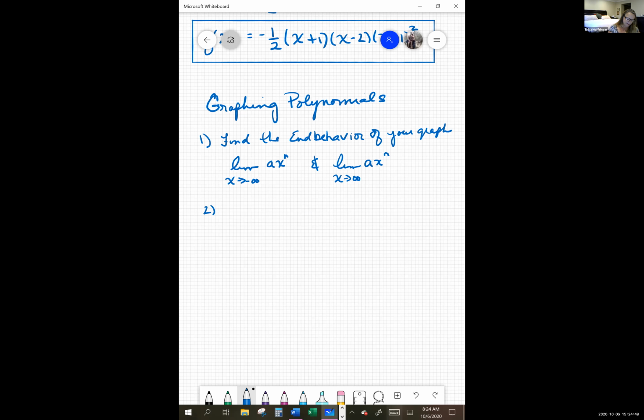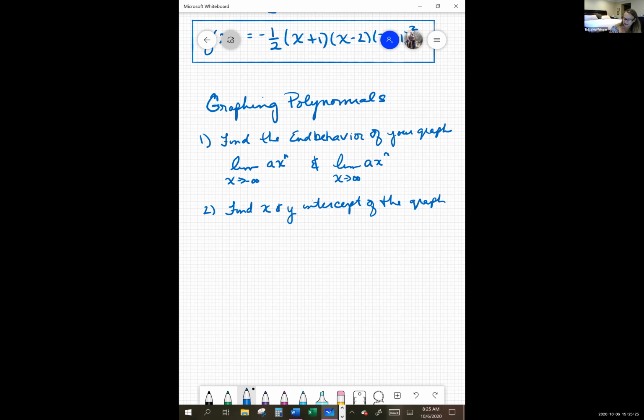Oh wait, that was for the graphing utility. Sorry, wrong page. Determine the end behaviors of the graph. Find the x and y intercepts of the graph. Determine the real zeros of the function and their multiplicity. Use this information to determine whether they cross or touch.